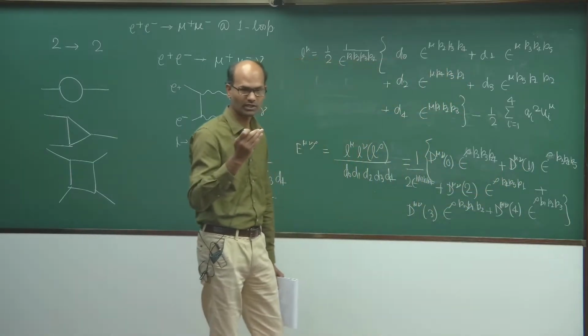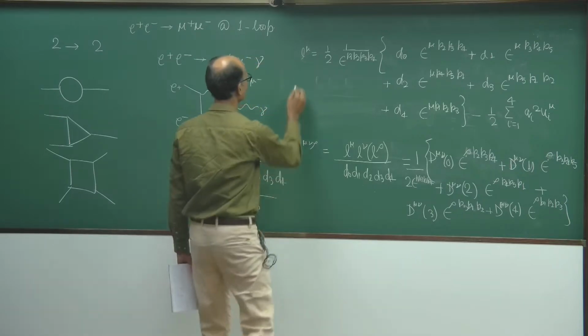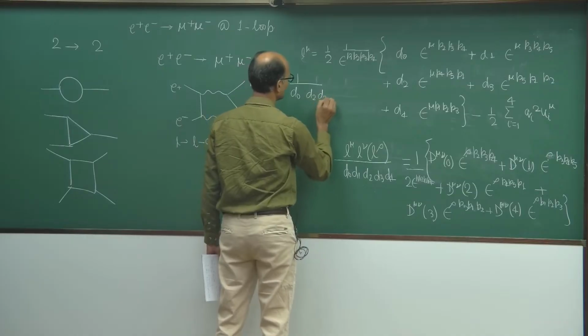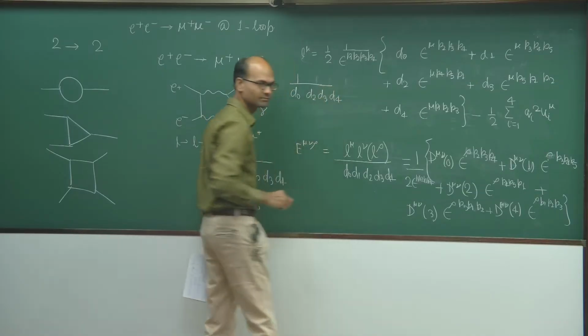Similarly, if you move here, when I remove the D1 propagator, I am left with D0, D2, D3 and D4, right?